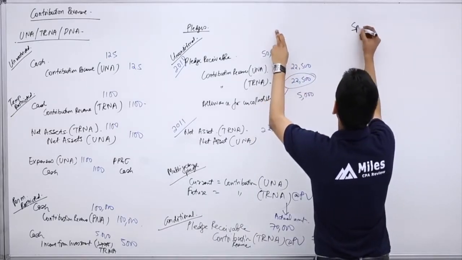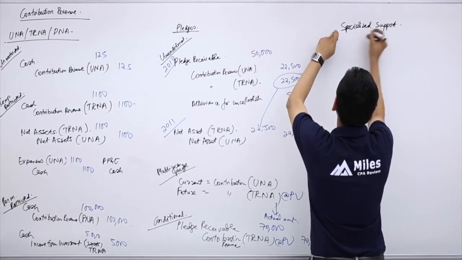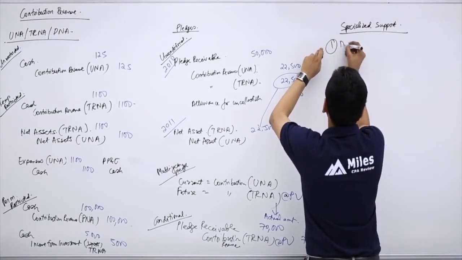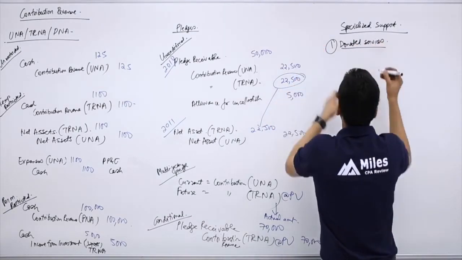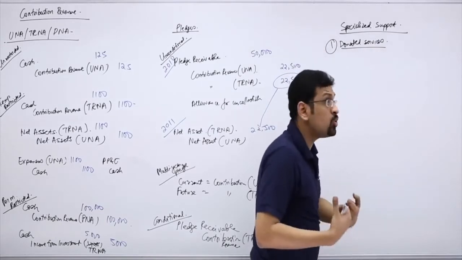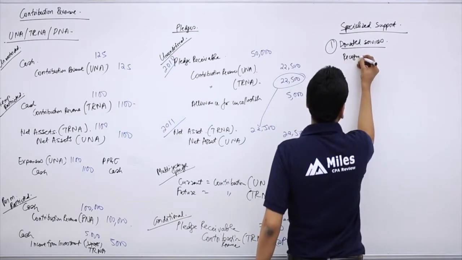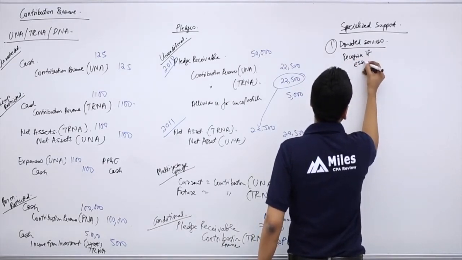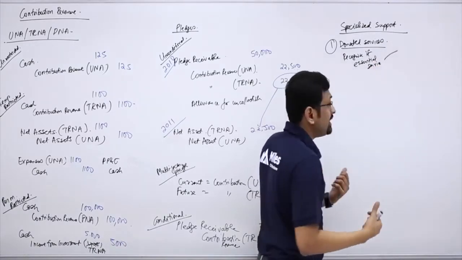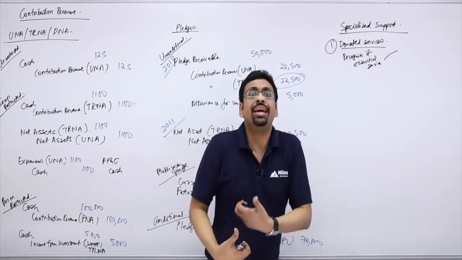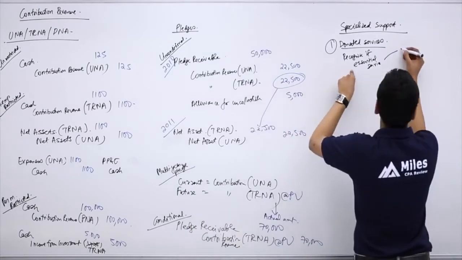Looking at specialized support, the NPO is going to recognize contribution revenue out of donated services if it's an essential service. By essential, we mean it adds value. Let's say it creates or enhances their PP&E and or inventory. So that's an essential service.